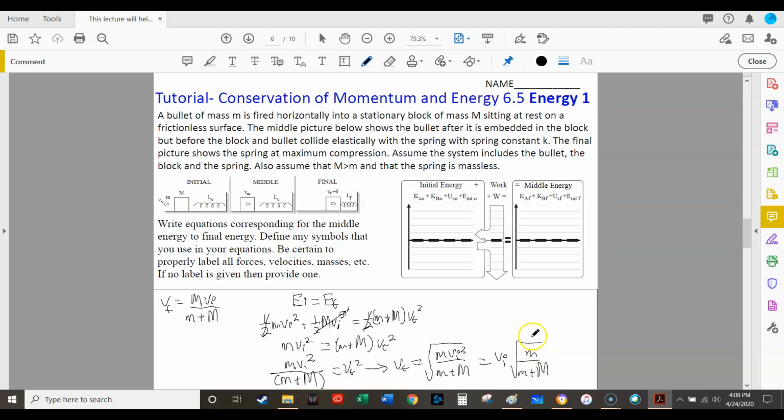This value right here is not equal to this value. In fact, we could for sure say this: the equation created from our momentum stuff is greater than this.